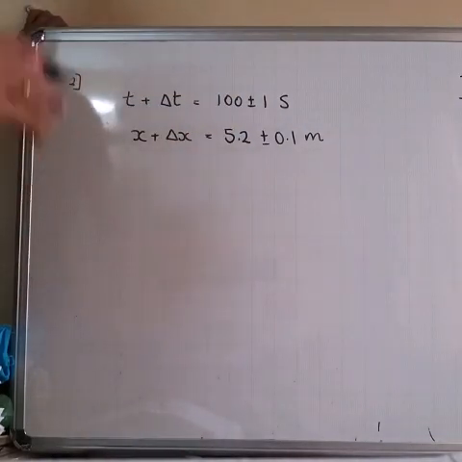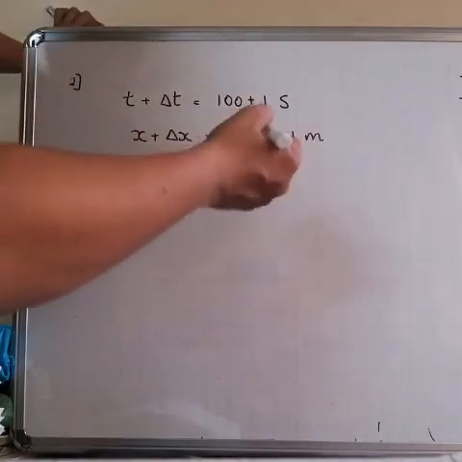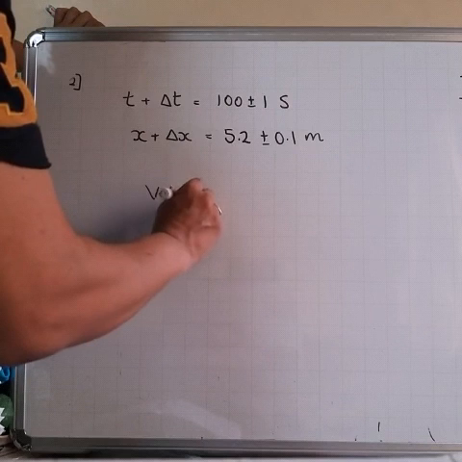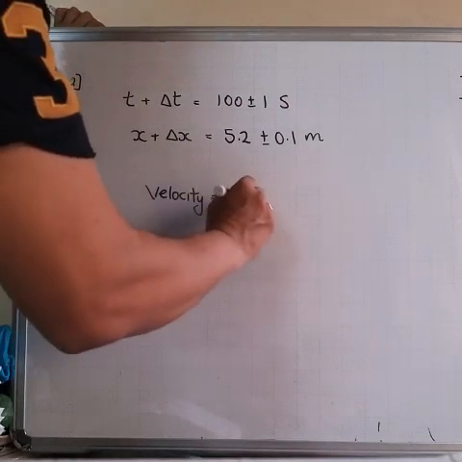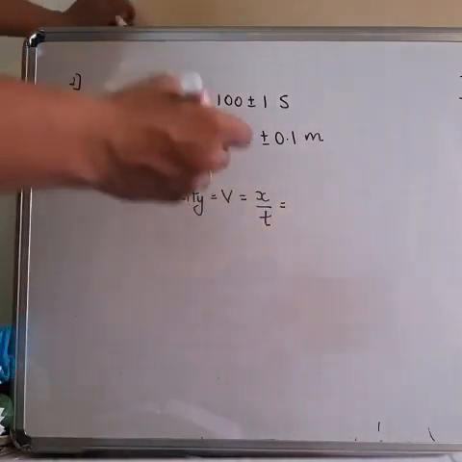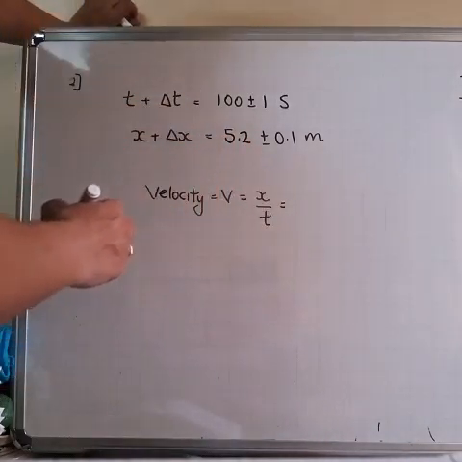Simply when they ask you velocity, you have to use the general formula of velocity, which is x upon t, displacement upon time, right?